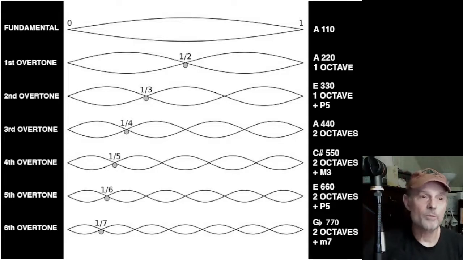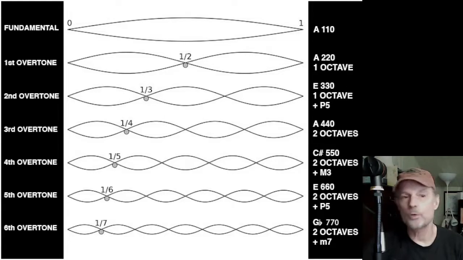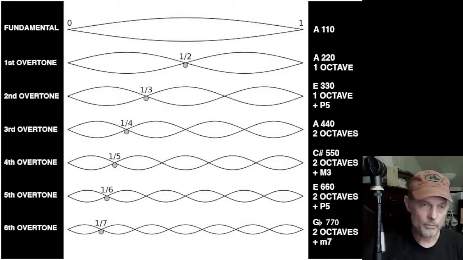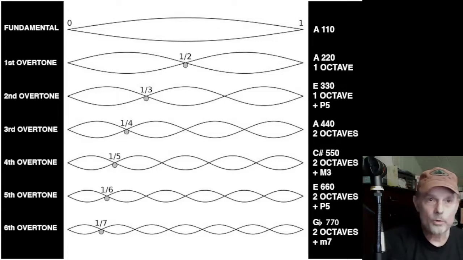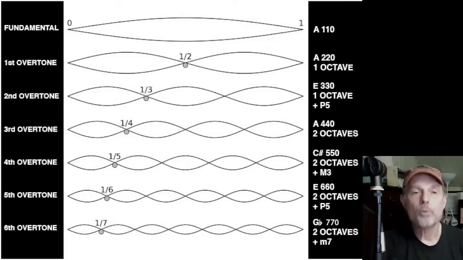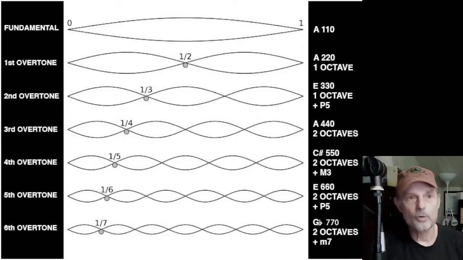This phenomenon was noticed by people long before we knew anything about frequencies. That's why the octave is the foundation of not only Western music, but a number of other music systems in the world. Let's take a quick look at a few of the other overtones. We will get back to the importance of these, but let's just notice for now the second overtone is three times the fundamental at 330 hertz, and it's an E note.